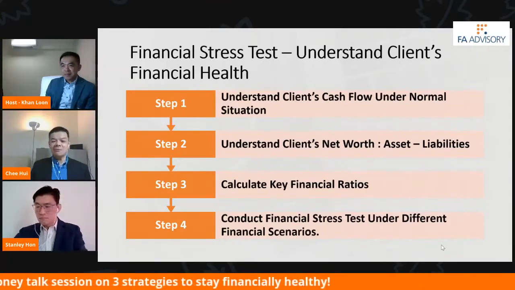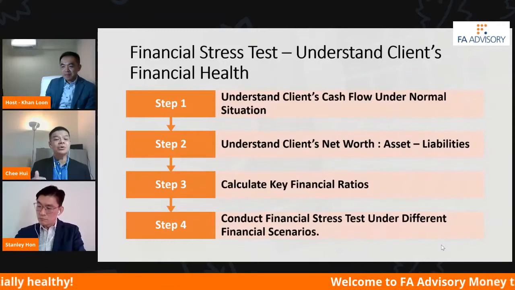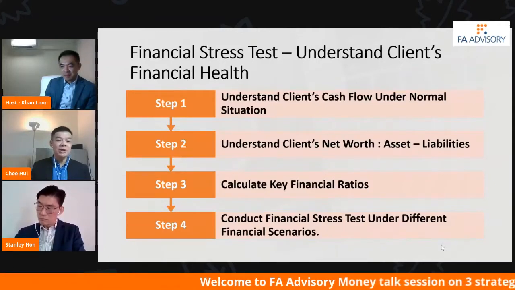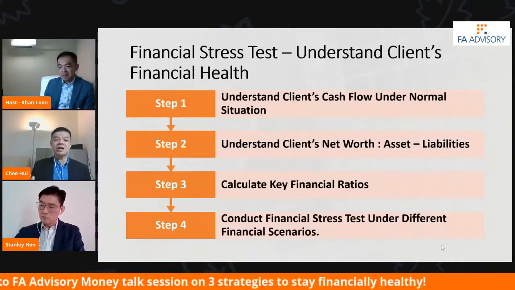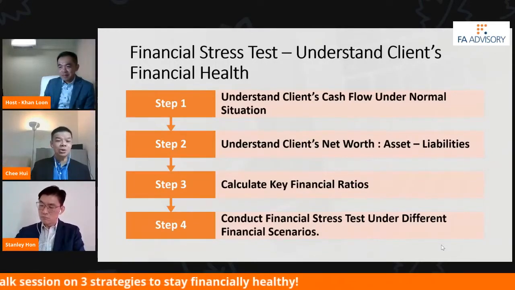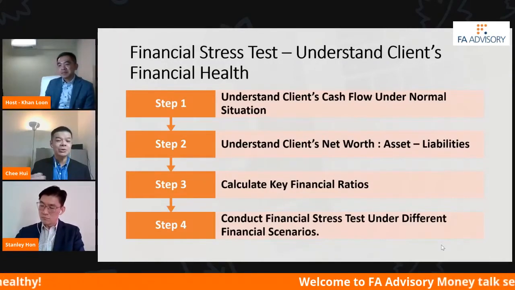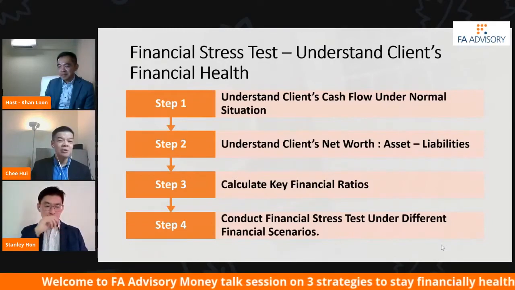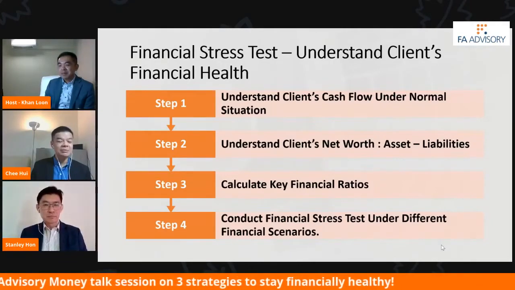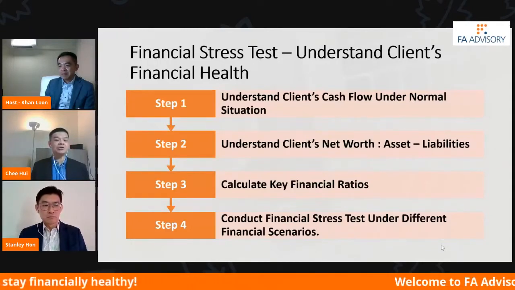After going through the cash flow, if after looking at your expenses and income, we will look at what you own, what you have, which is your assets. You have your liquid assets like bank notes, your current account, your savings account. Also your investment assets, which are your unit trusts, your stocks, your properties, and collectibles, and also your personal use assets, which is the house that you're staying in, the car you are driving.